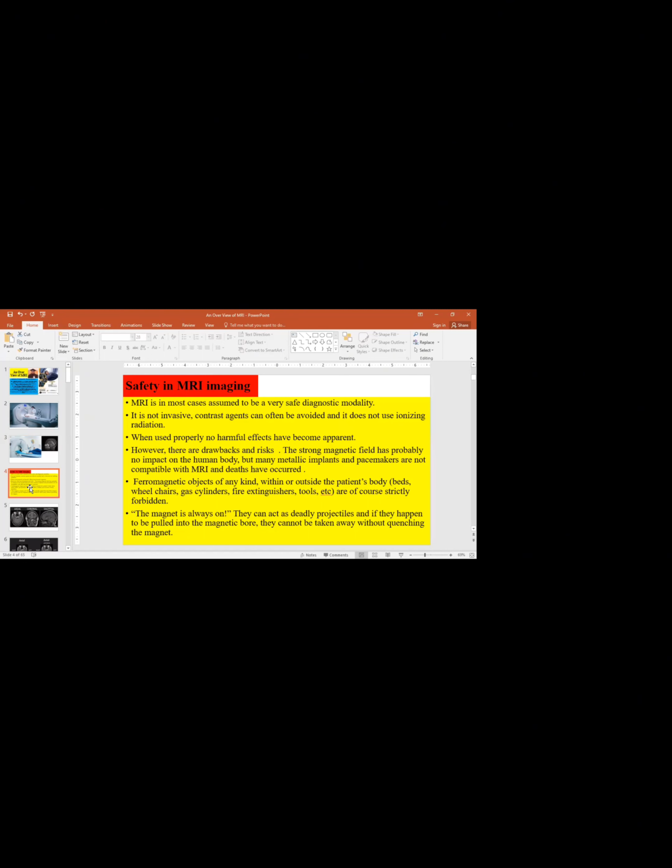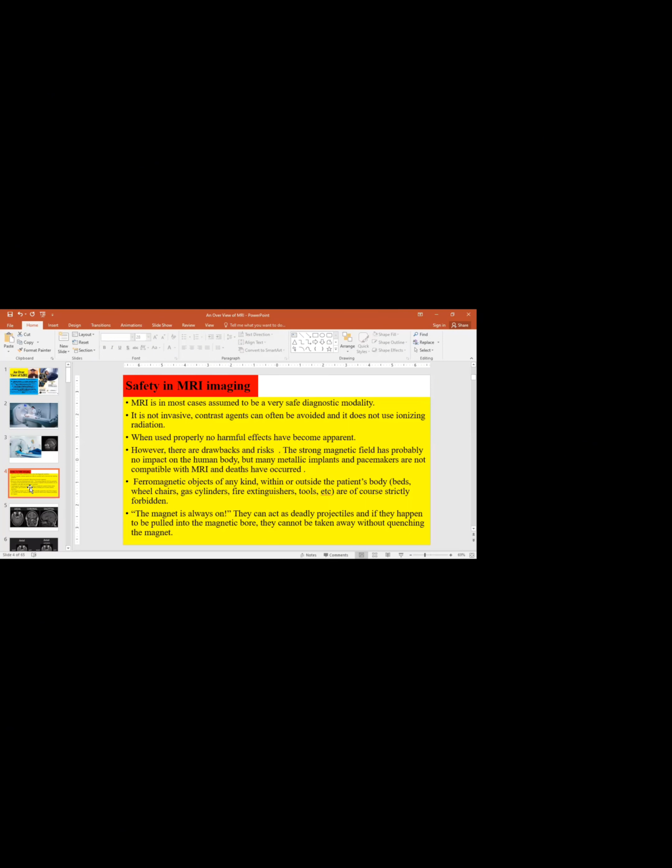The strong magnetic field has probably no impact on the human body, but many metallic implants and pacemakers are not compatible with MRI, and deaths have occurred due to some accidents. Accidents happen when unknowingly the patient is having some metallic structure in his vicinity or in his body, and the strong magnet will pull that structure towards itself, and by that way the patient can be harmed.